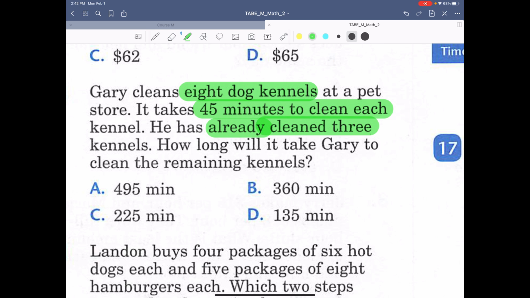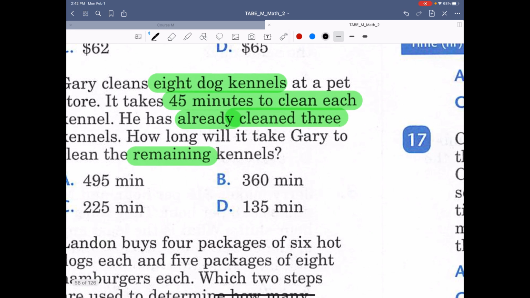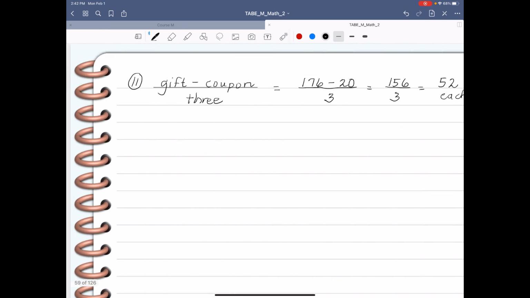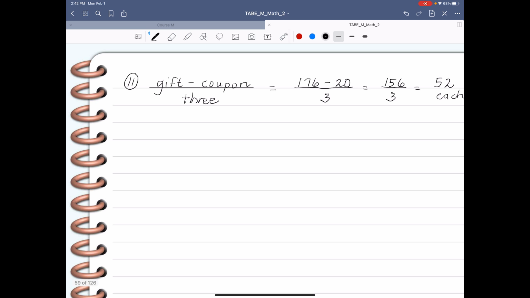How long will it take Gary to clean the remaining kennels? Remaining is a subtraction word. Okay, so let's set this up in everyday words. We have the kennels that he has to do, minus, there's the minus, the kennels that he's done.